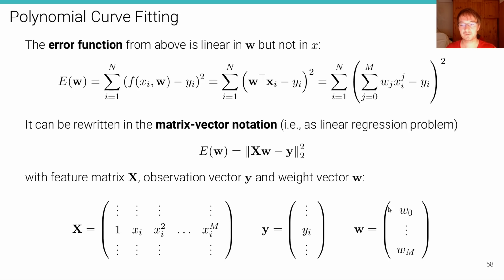And then we have the weight vector w. Now, if you formulate this matrix and this vector as such, we see that we have the same formulation as before for the linear regression problem. We can formulate this error function, or this energy function here, using a difference between a matrix vector product and the observation vector y.